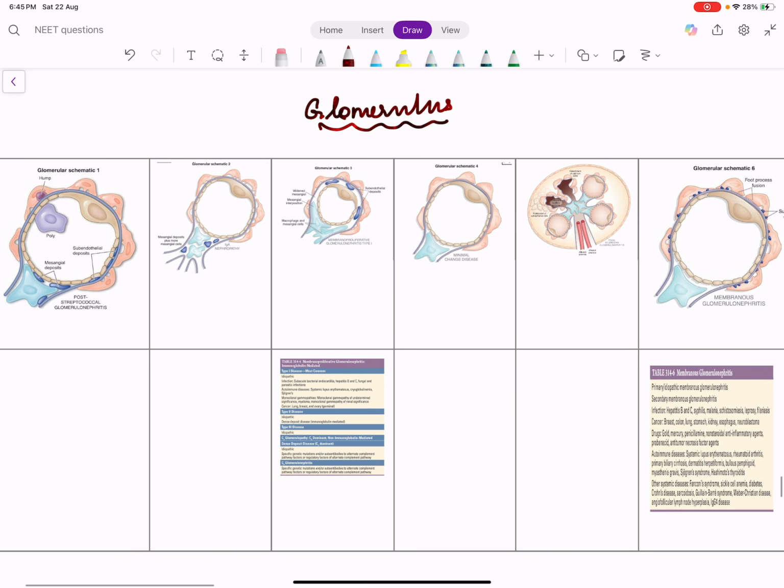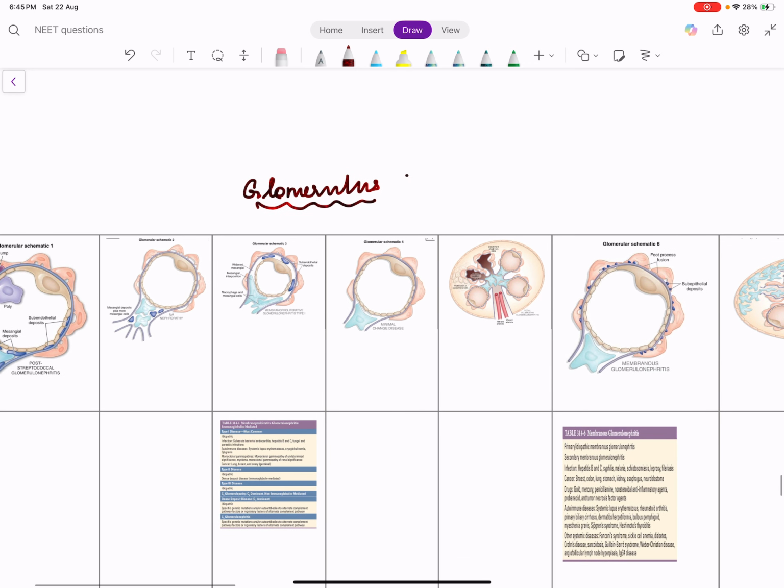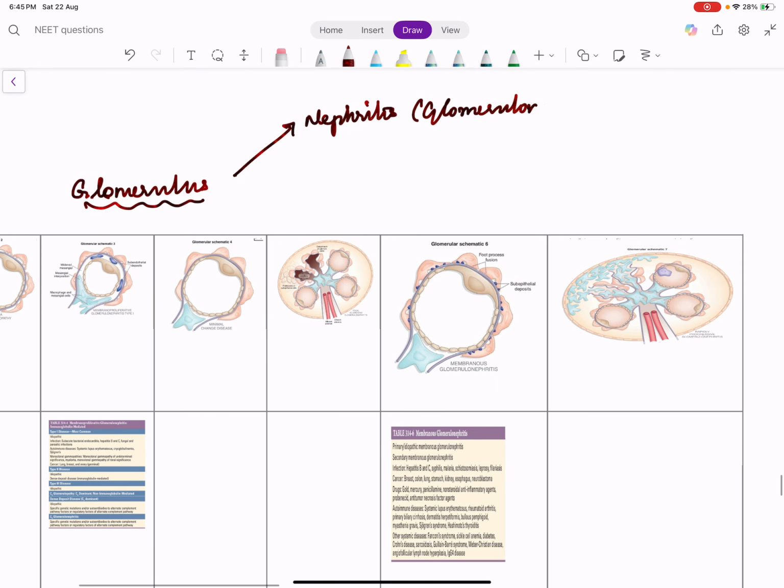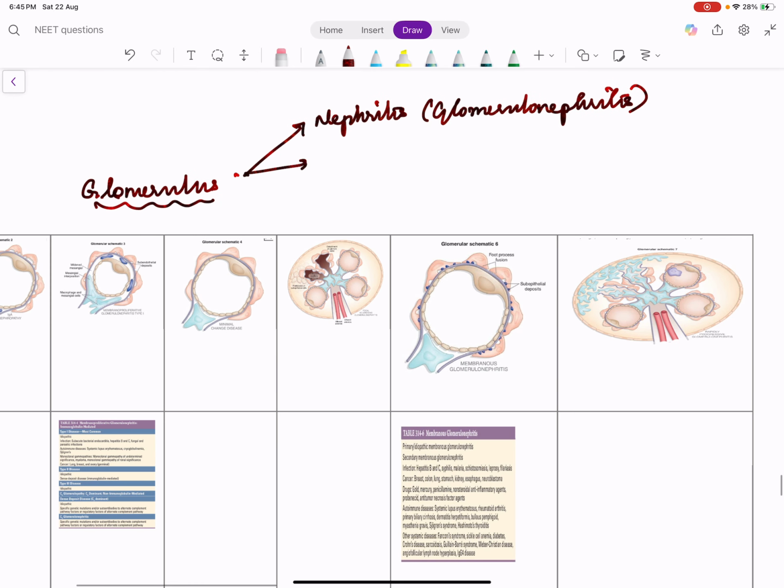Glomerular diseases can be classified as nephritis, also called glomerulonephritis, nephrotic syndrome, and RPRF, rapidly progressing renal failure.